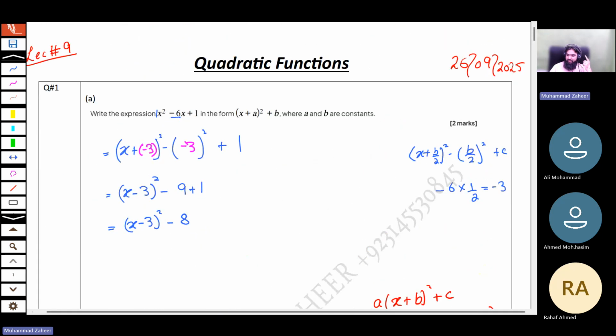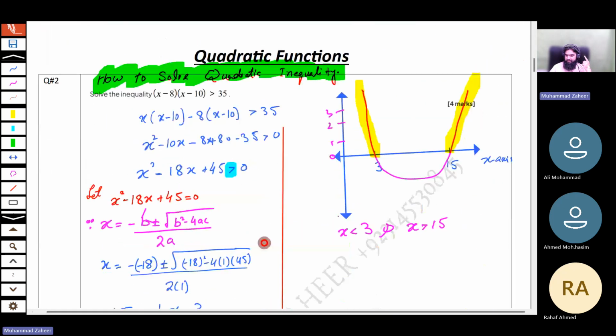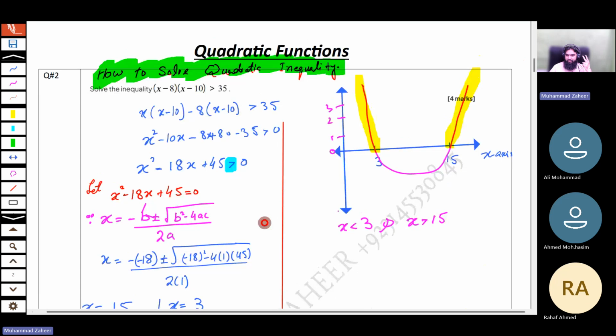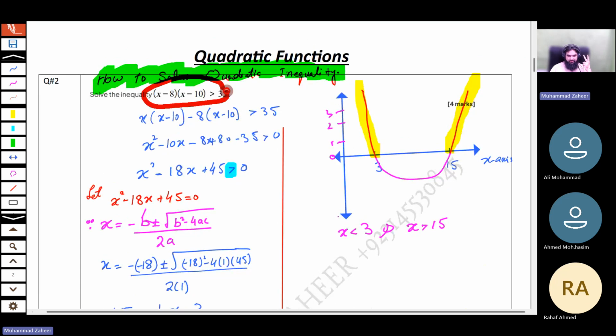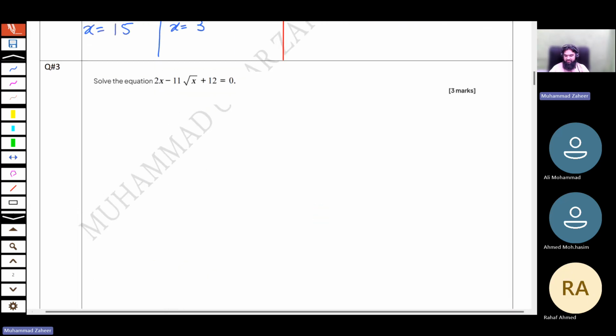One, writing the expression in completing square form. The second, how to solve the quadratic inequality. Let's meet after 5 minutes and do a practice session, and learn how to solve these types of equations, called quadratic equations or reducible quadratic equations.